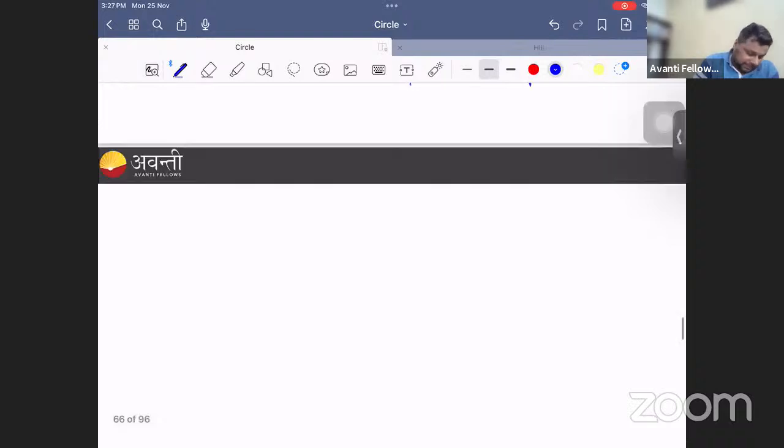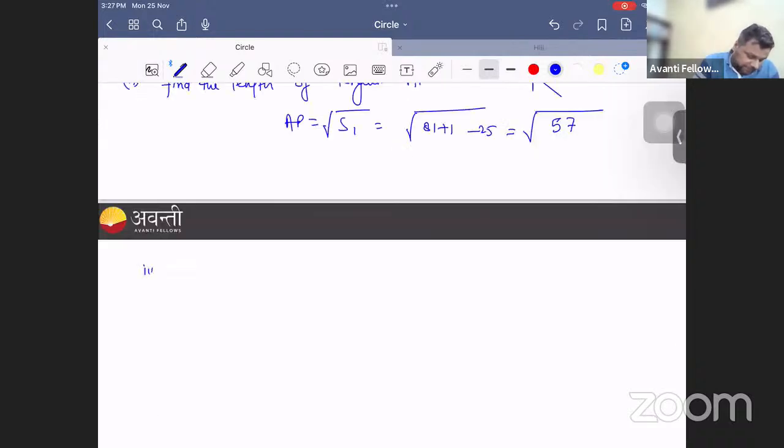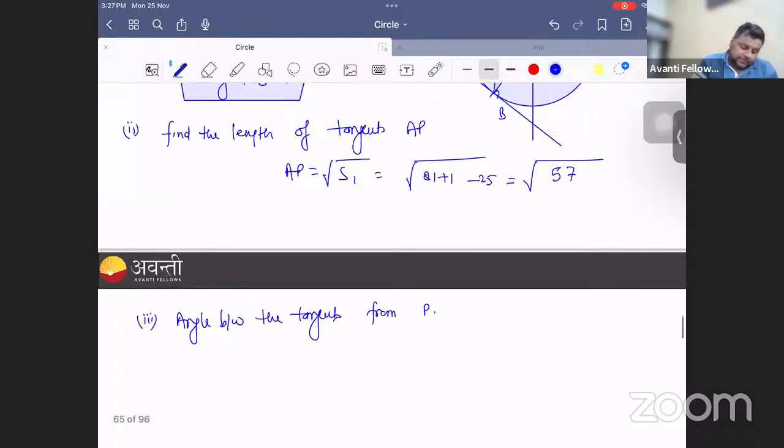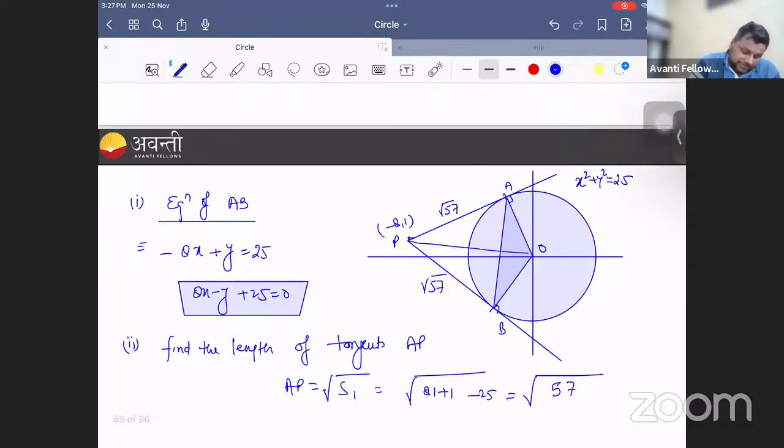Now, as a third part, they can ask you the angle between the tangents at P. Now see, let us assume this angle is theta.